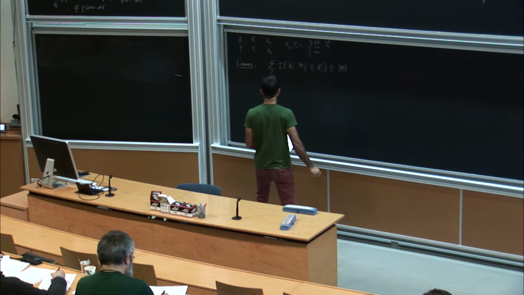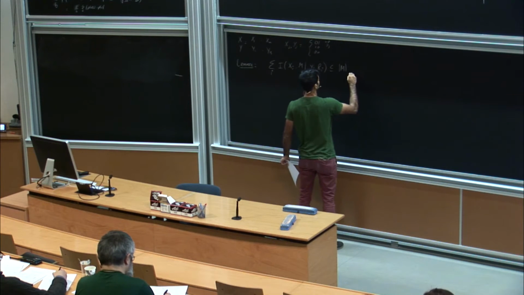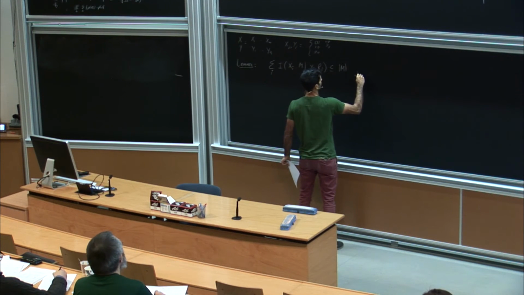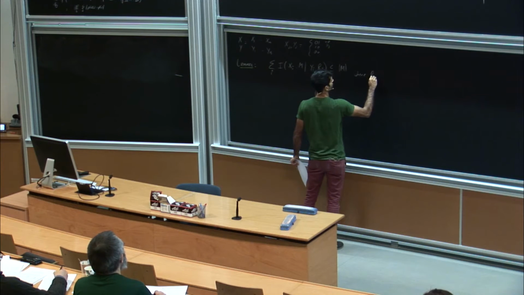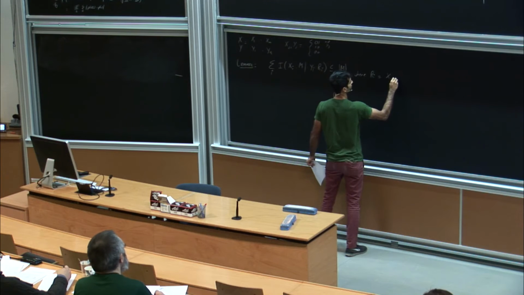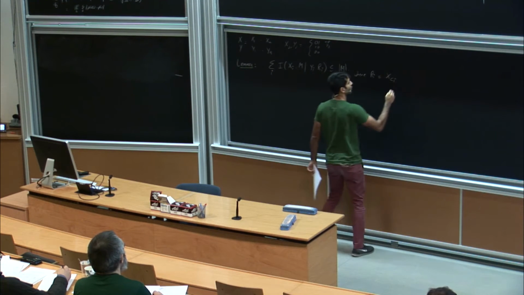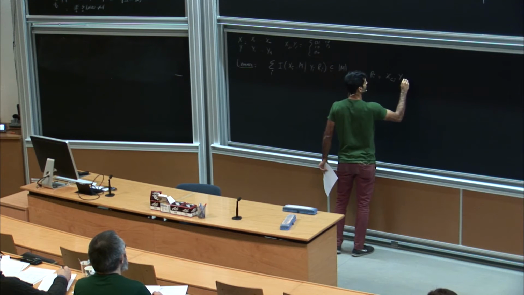Where here R_i is going to be all the coordinates of x that are before the ith coordinate, and all the coordinates of y that are after the ith coordinate.